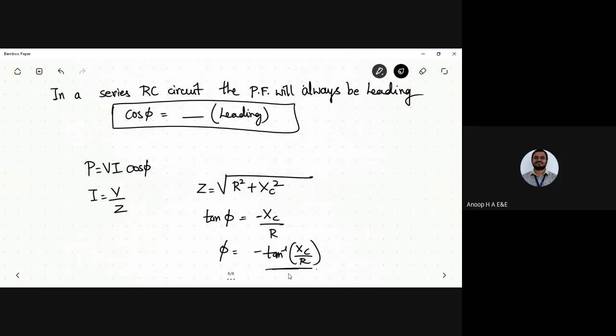To write the instantaneous value of the current, I can write it as Im sine of omega t plus phi, since minus of minus phi is equal to plus phi.